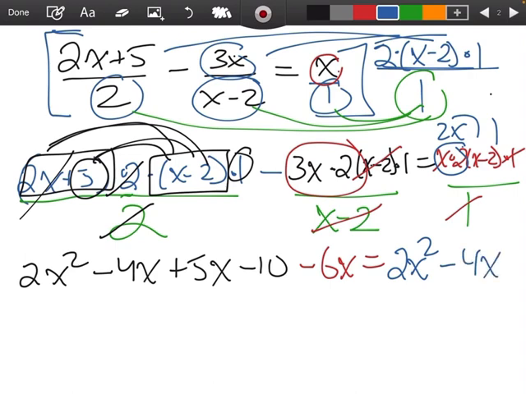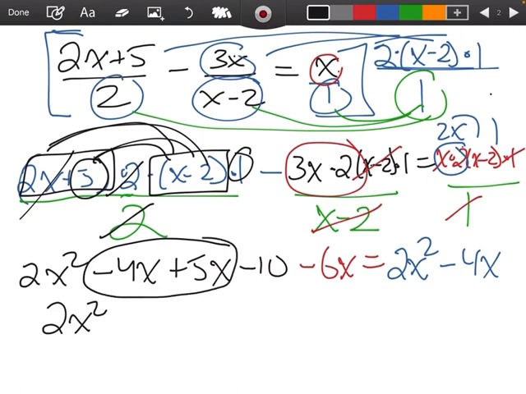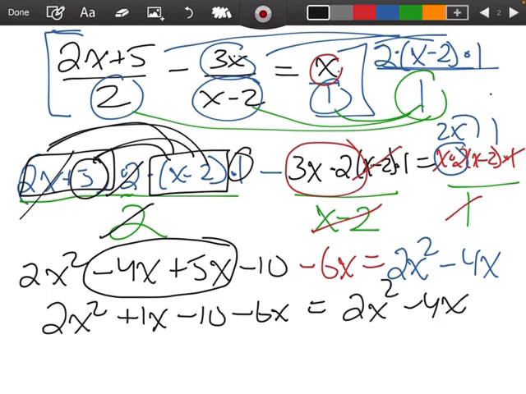All right, y'all, I want to start combining some terms if I can here. So let's see, we got a 2x squared right here. Now, if I combine these guys together, a minus 4x and a plus 5x is going to leave me with a plus 1x. Minus 10, minus 6x. We can also combine the 1x and the minus 6x.